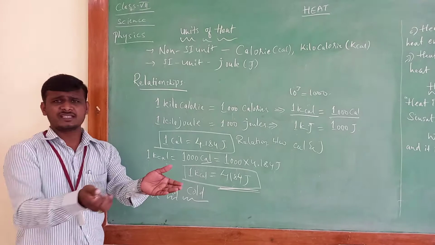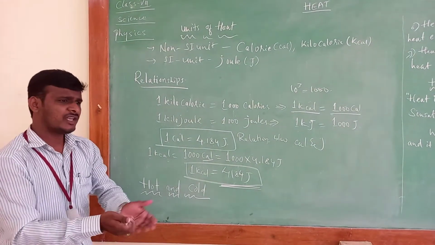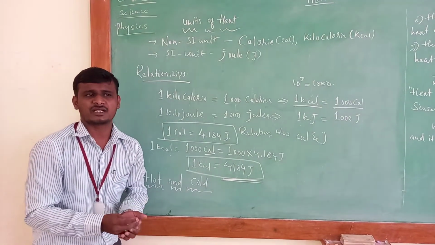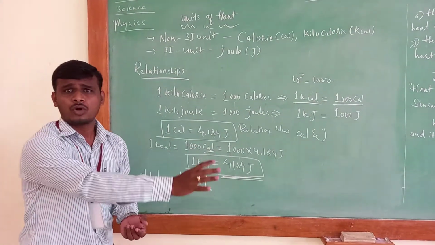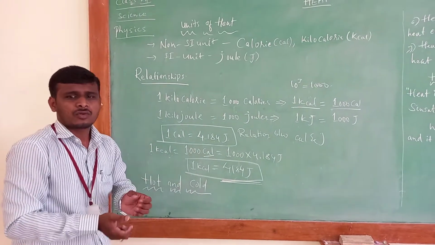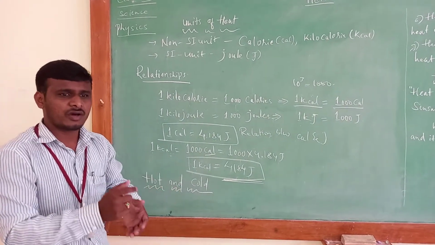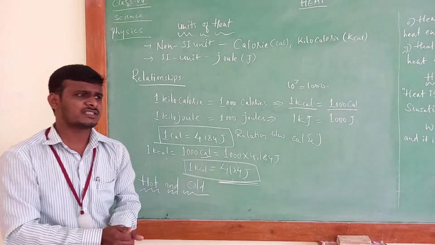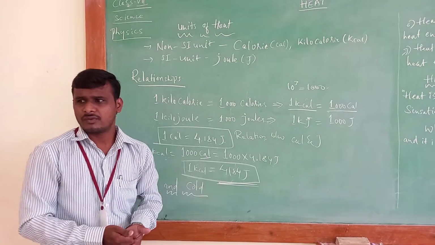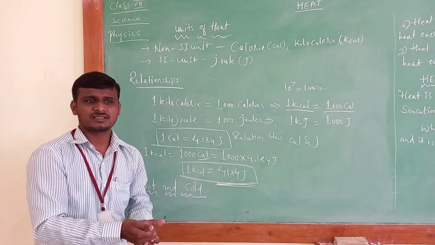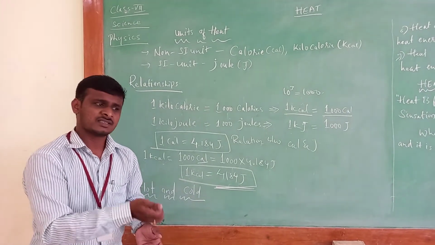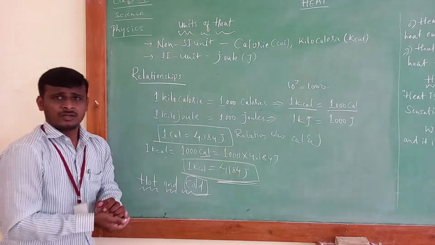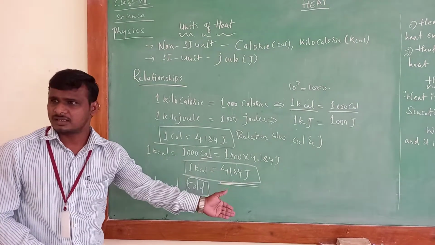Next thing is hot and cold. When you touch any substance or object, you feel the hotness or coldness of that object. Suppose you touch cold water, then you feel its coldness. Or you touch hot water, then you feel its hotness. For example, when you drink cold drinks like cola, Pepsi, Sprite, you feel the coldness of the drink.